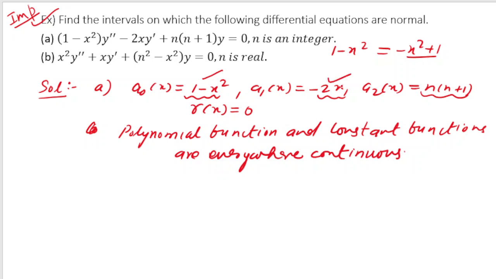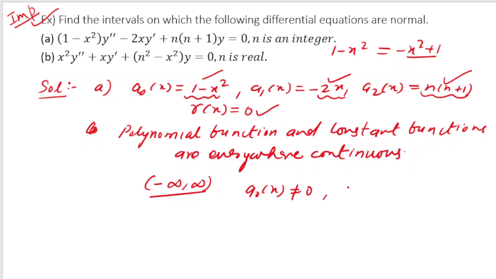This is a polynomial of degree 1. This is a constant term n into n plus 1 because n is an integer, and the right hand side is also equal to 0, which is a constant. So the first requirement is that all these functions are continuous in the interval minus infinity to infinity. But what is the second requirement? That a0x should not be equal to 0.